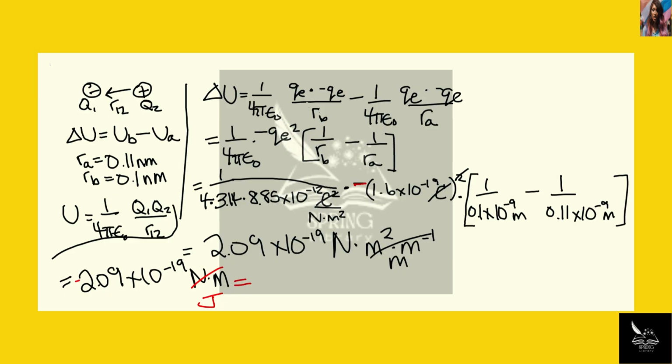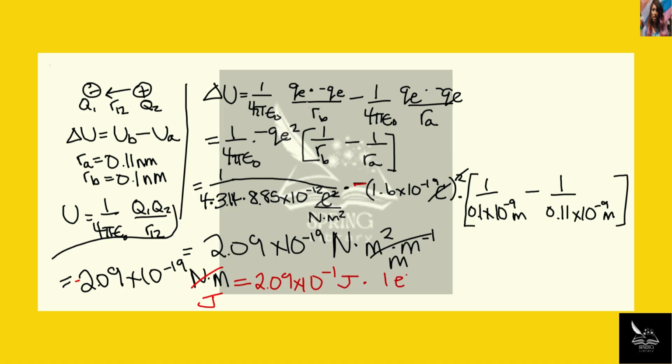So the last thing we have to do is convert joules to electron volts. So you can write 2.09 times 10 to the minus 19, and we need our conversion factor from joules to electron volts. So we have our current answer in joules times our conversion factor.